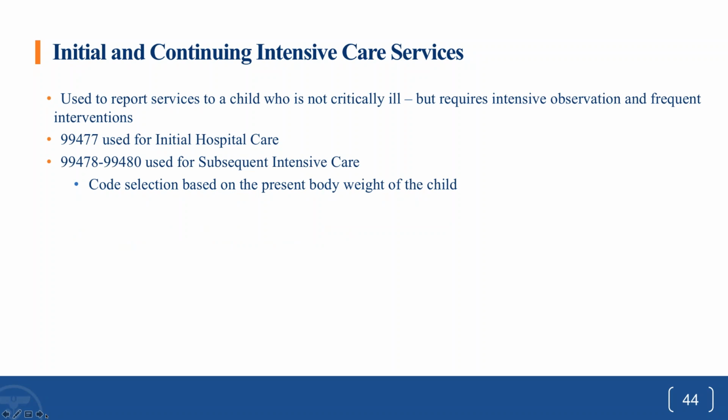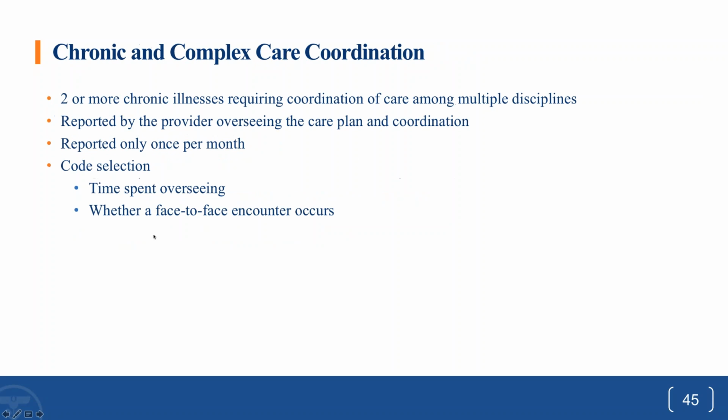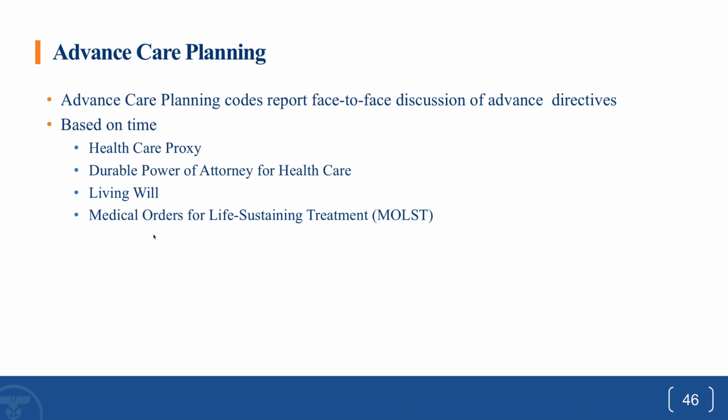And then they have initial and continuing intensive care services, care management, coordination of care. And then I think the last thing they have is advanced planning, which is on page 51.